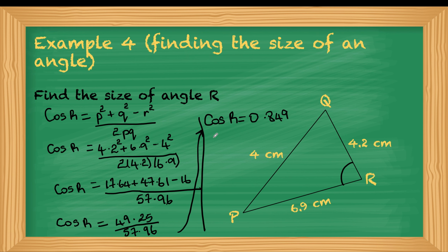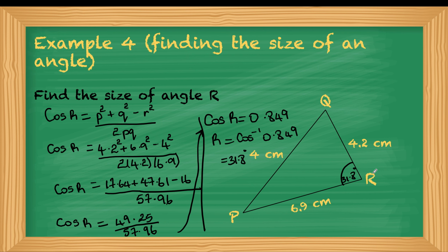And remember, we only want R, so we're going to find the cos inverse of 0.849. And this will be equal to 31.8 degrees. So therefore, this is the measurement for R, 31.8 degrees.